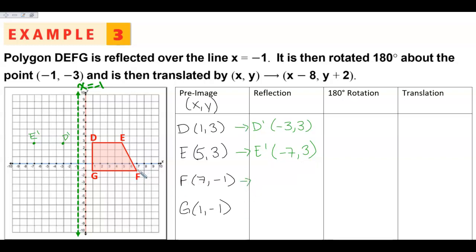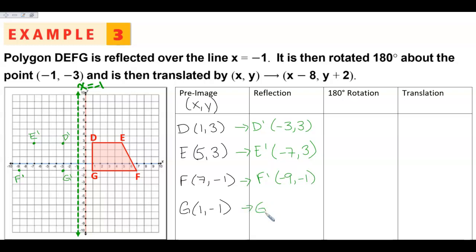All right, F is 1, 2, 3, 4, 5, 6, 7, 8 from the line. So we're going to go 1, 2, 3, 4, 5, 6, 7, 8 from the line on the other side. So this is going to be F prime. And then G is 2 from the line. We're going to go 2 from the line over here. So this is going to be my G prime. So F prime has the coordinate negative 9, negative 1.